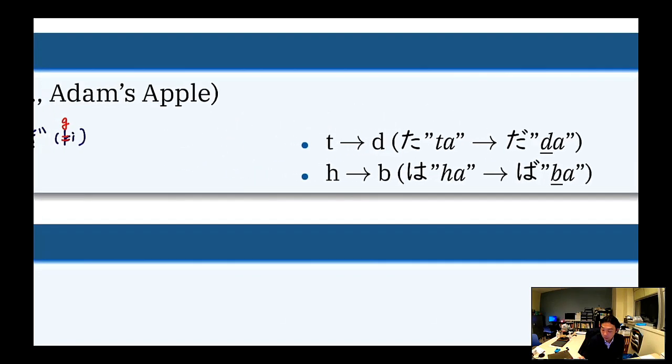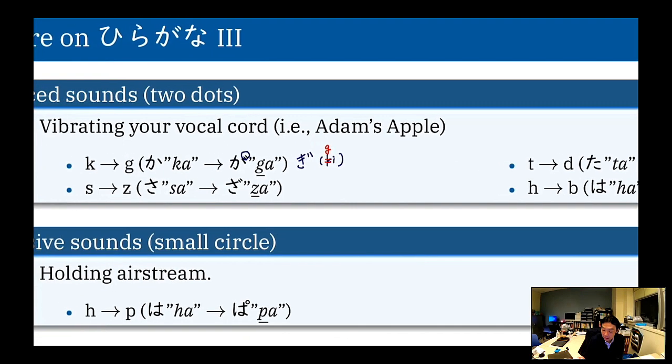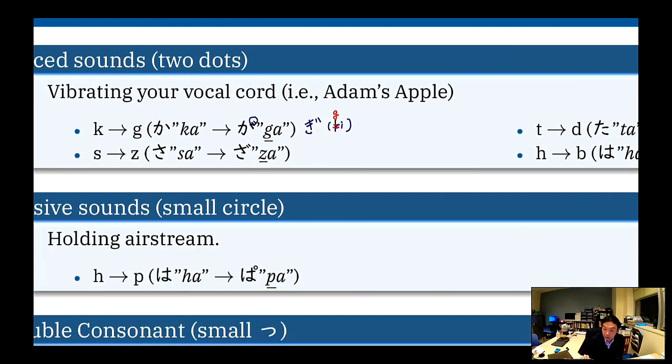So by just adding these two dots, you get the 20 extra sounds, right? So all you have to know is these four things. K becomes G, S becomes Z, T becomes D, H becomes B, just by adding these two dots here.